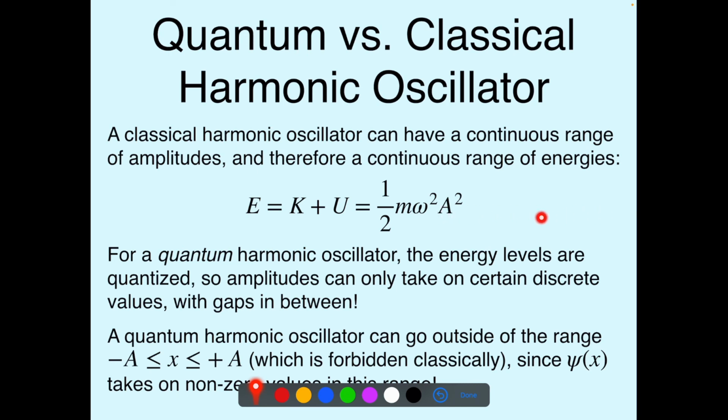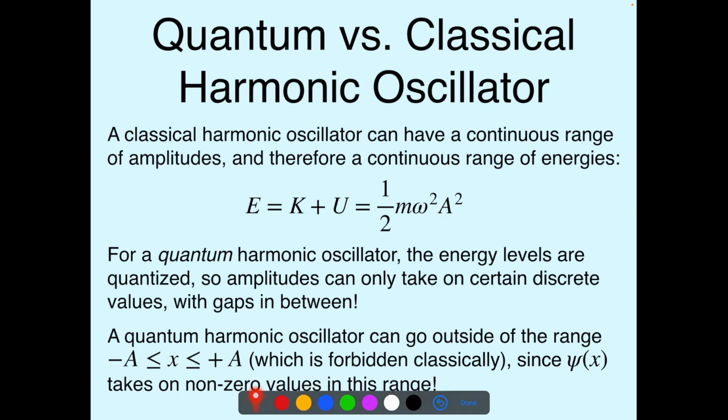We're oscillating back and forth around some kind of equilibrium position. And the furthest we ever get from our equilibrium position is A. So of course, we can't get to a value of x that's larger than A, right? Because A is the maximum value of x. That's why we're saying you're sort of restricted to this range, x equals minus A to x equals positive A.